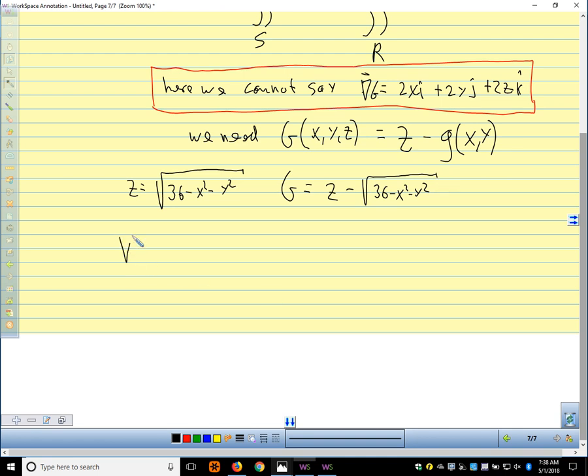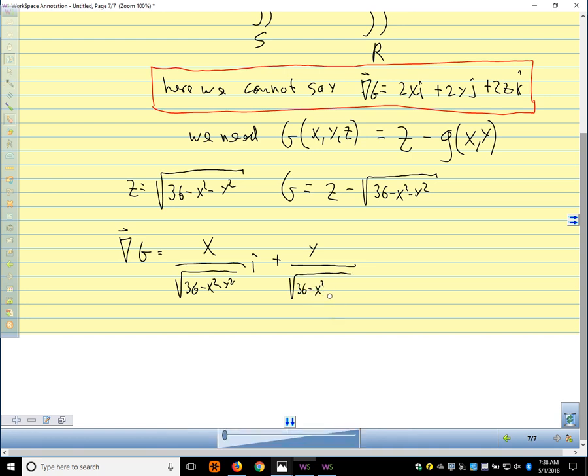And del G is not a terribly horrible gradient. x over that square root i hat plus y over that radical. And we've seen problems like this before. We know this is going to simplify relatively nicely, plus k hat.